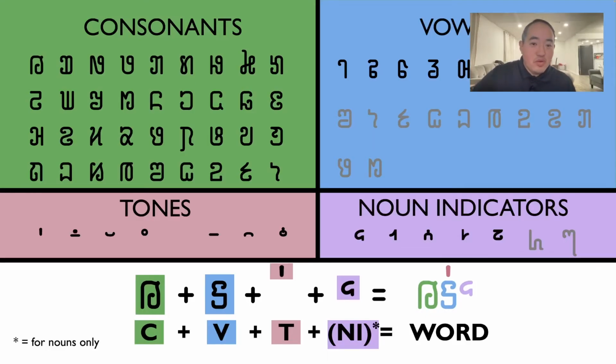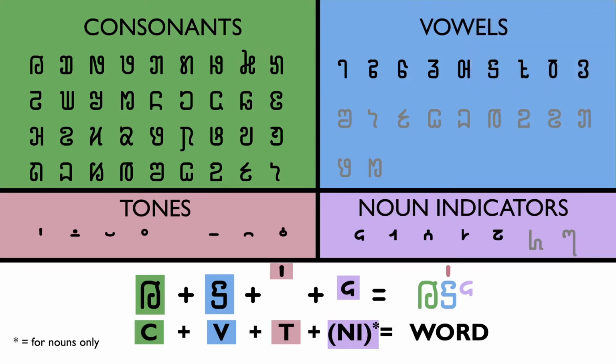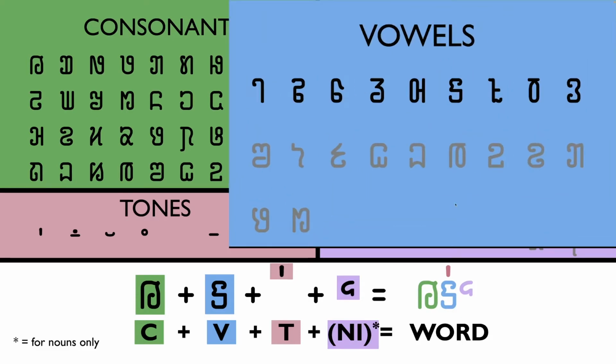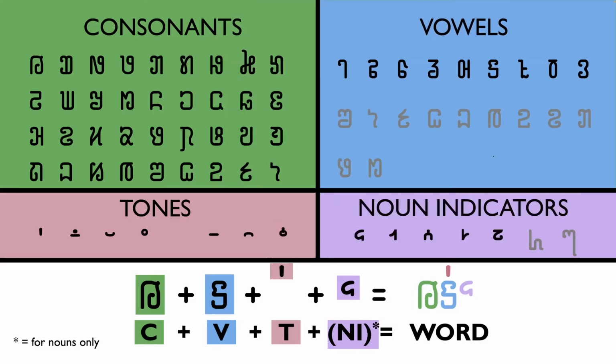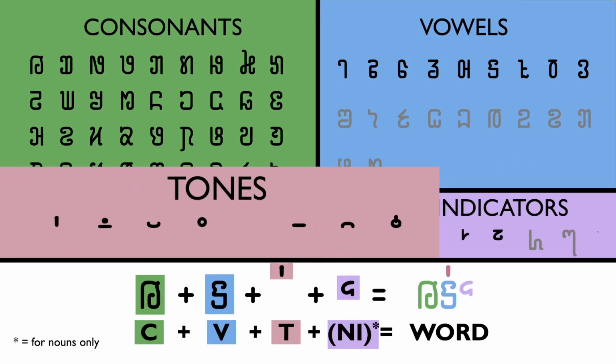So let me get rid of my screen here. As you can see here, on this green side, you'll see it says consonants. And then on the right, you'll see that there are vowels, and you see 2 shades. The first 9 are the vowels, or the Puachue Keng, and then the next 11 will be the Puachue Pu. Right, and to the bottom left, you'll see that these are tones.